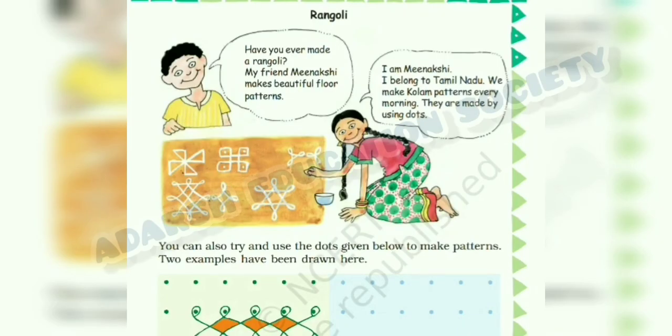We also can say rangoli is design which we make in front of our house at a time of festival. When Diwali and Holi is there, your mama and sister, they draw a rangoli in front of your house. Rangoli is beautiful design with colorful colors. You all know about rangoli, right?